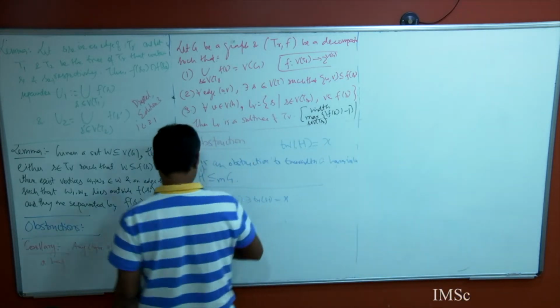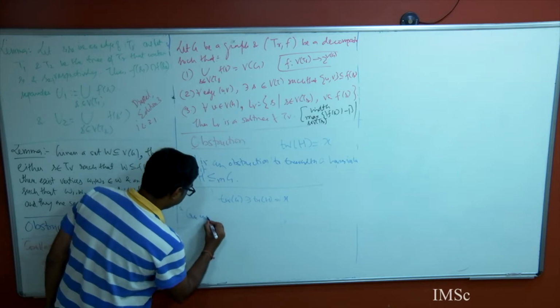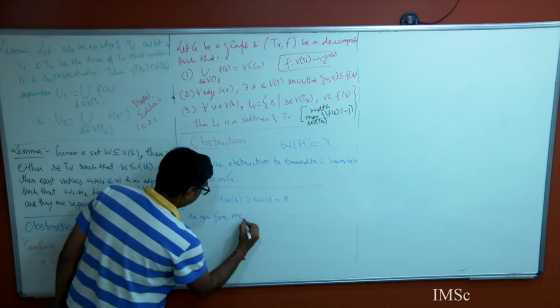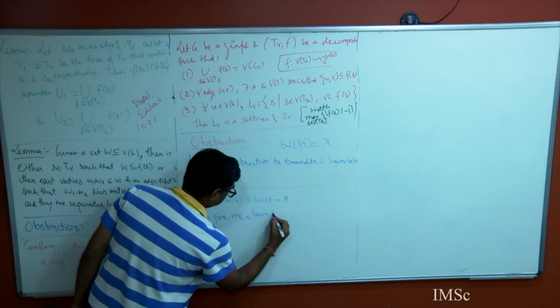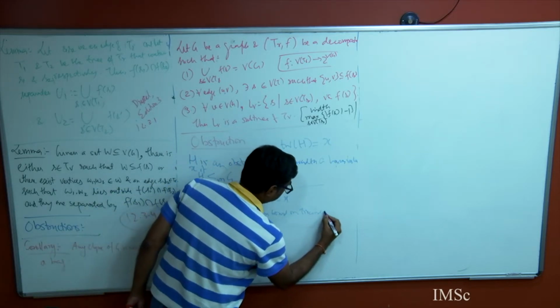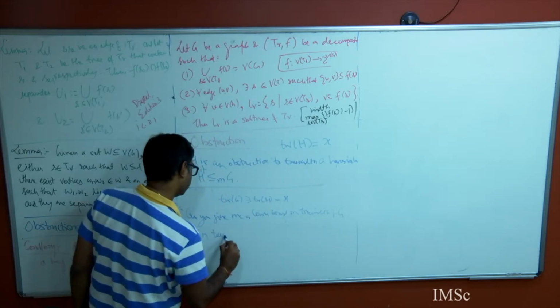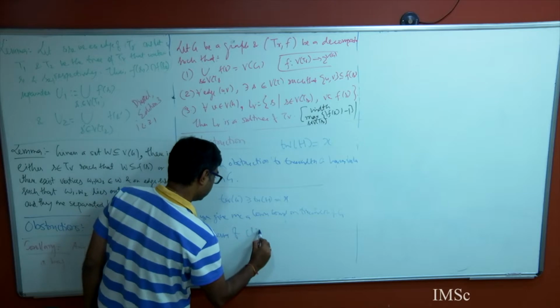So can you give me a lower bound on treewidth of G in terms of clique size, in terms of clique?